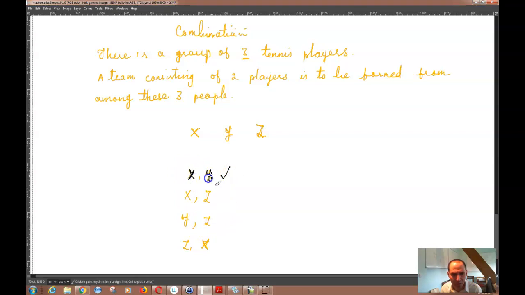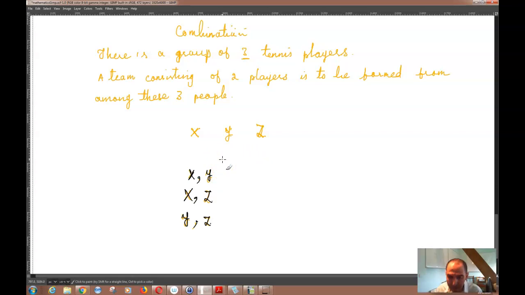X comma y is one way of doing so. Y comma z is another way of doing so. And then there is x comma z, that's actually the same thing. You see over here, I have made a mistake. So there are actually only 3 ways of doing that. So x comma z.